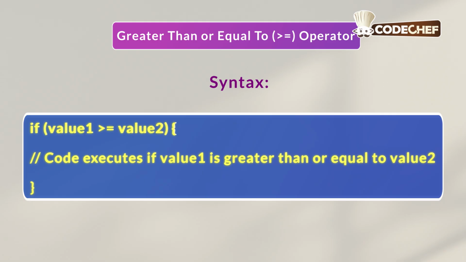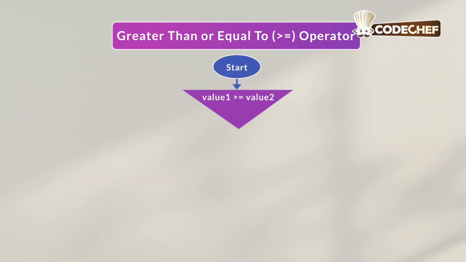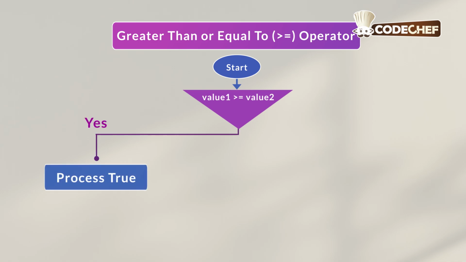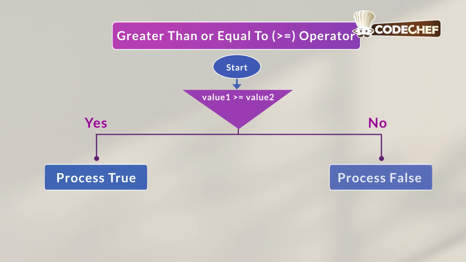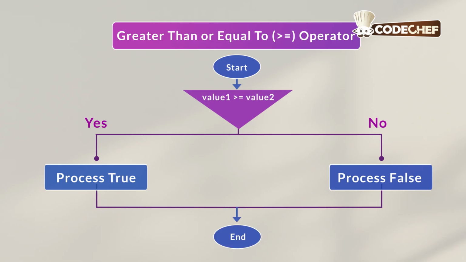In case this condition turns out to be true, only then the compiler will get inside the curly brace of this if block to read and execute the code written inside it. But in case value 1 is neither greater than nor equal to value 2, then the condition will be false and the compiler will not execute the code written inside the if block.